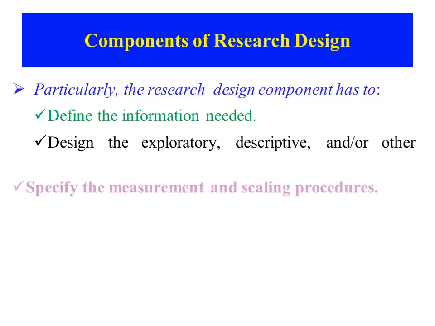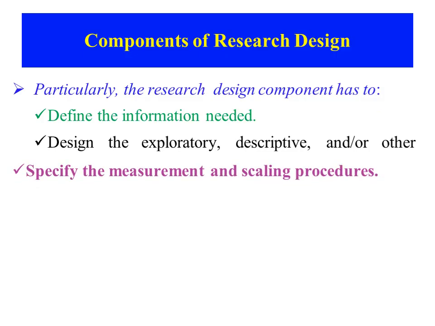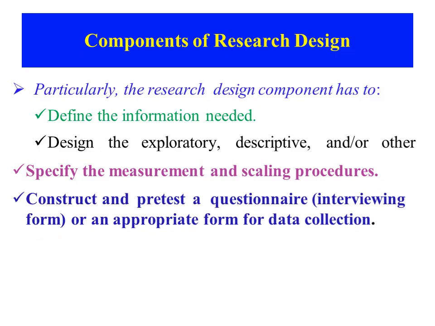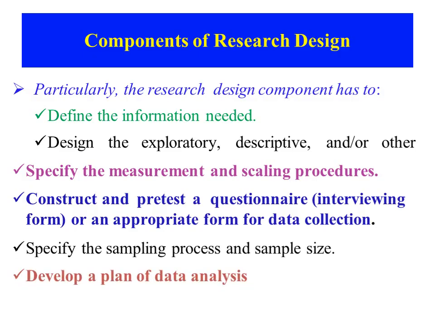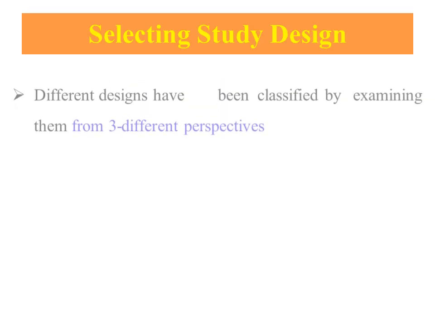Particularly, the research design components have to define the information needed, design the exploratory, descriptive, or other study, specify the measurement and scaling procedures, construct and pretest a questionnaire, interviewing form, or an appropriate form for data collection, specify the sampling process and the sample size, and develop a plan of data analysis and the like.